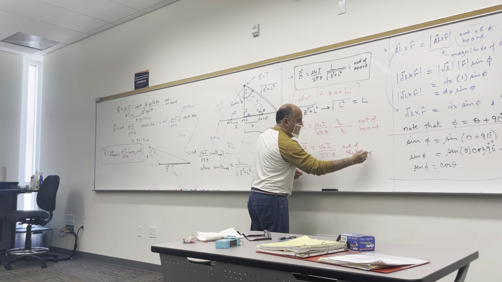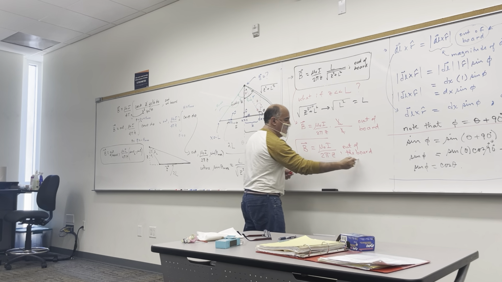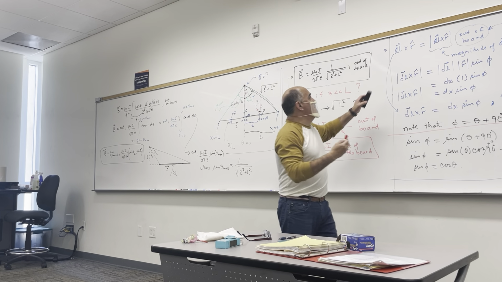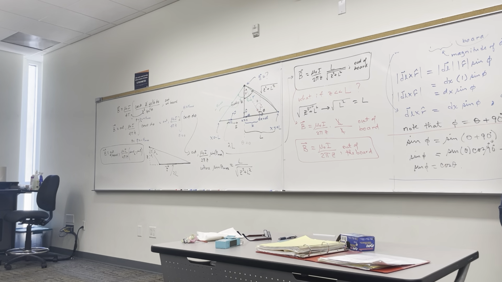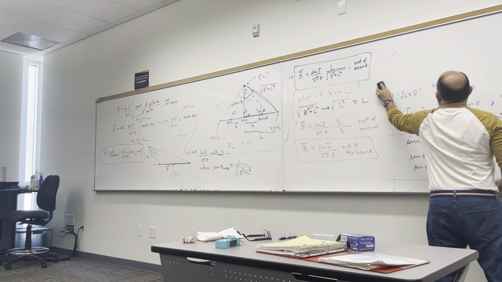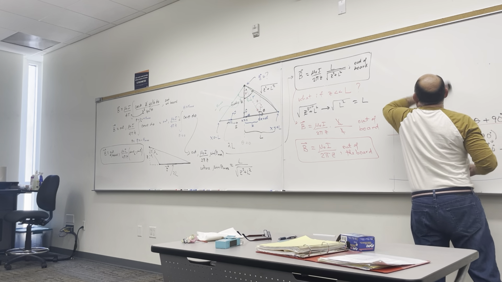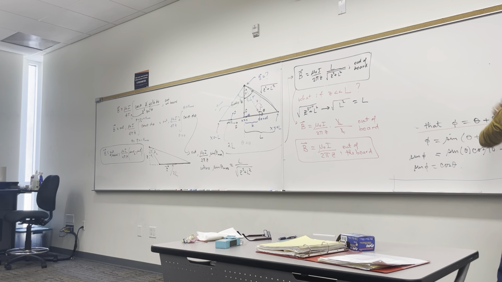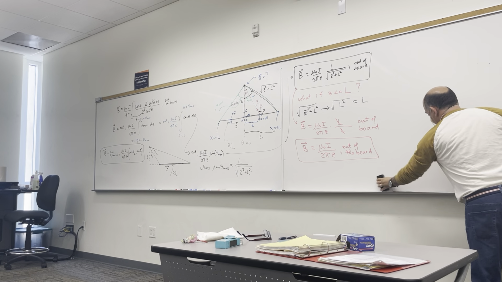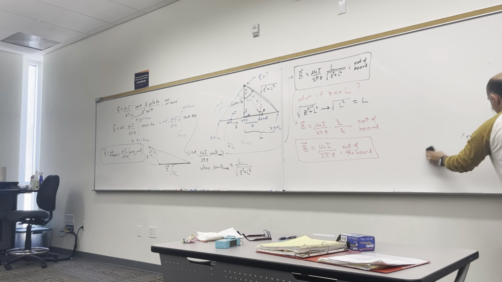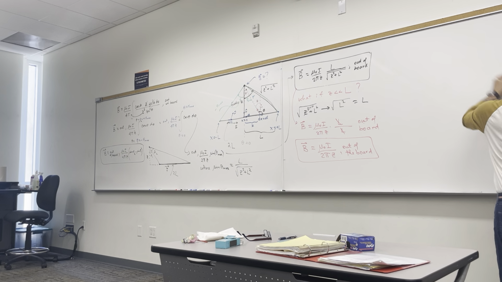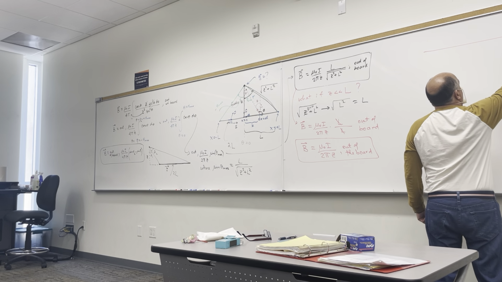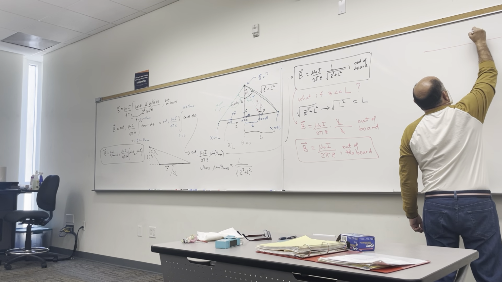So what we are going to do with Ampere's law is consider a wire that is infinitely long. There's no such thing as a wire that is infinitely long, but a wire that's very long compared to how far away from the wire you're calculating the magnetic field. We're going to do a problem like this, where this is infinitely long, the current in it is I, and we want to know the magnetic field.